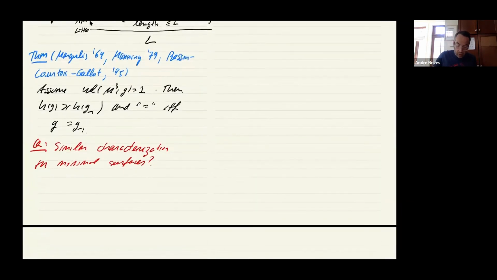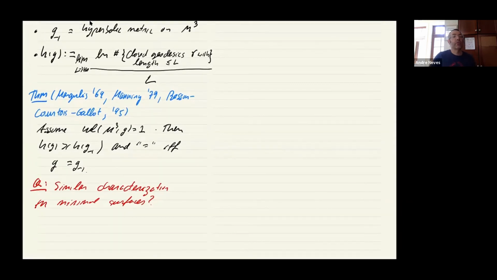The difficulty comes from the fact that if we compare geodesics on a hyperbolic surface with minimal surfaces on a hyperbolic manifold, there are way more minimal surfaces on a hyperbolic manifold than geodesics on a surface. Let me write a remark.